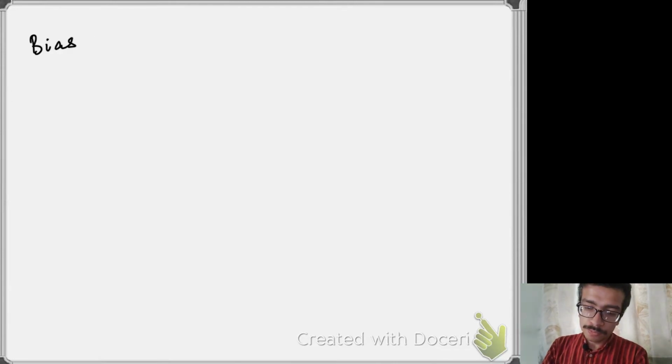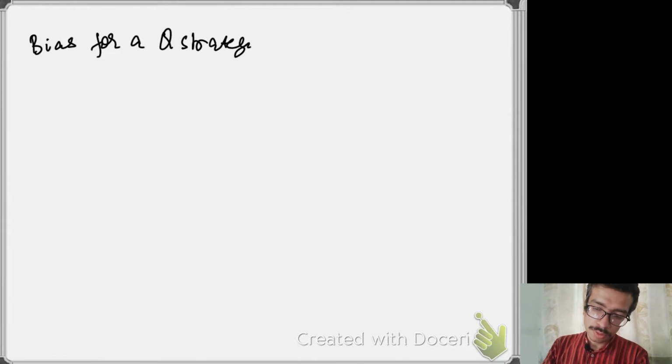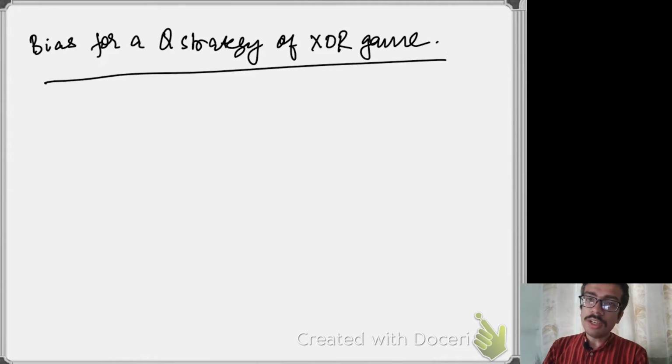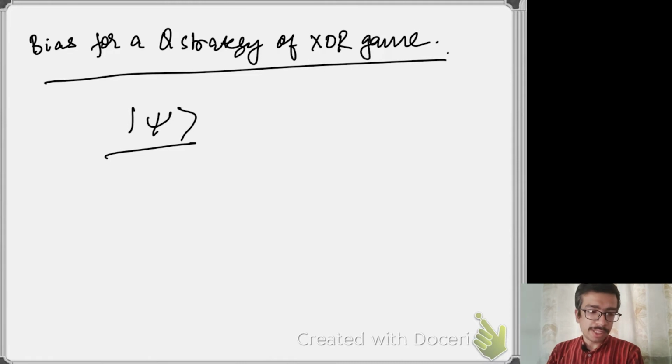So here we can talk about a quantum strategy, and we can talk about just bias as well. So a quantum strategy would involve Alice and Bob sharing an entangled state. So let me call it ket psi AB.